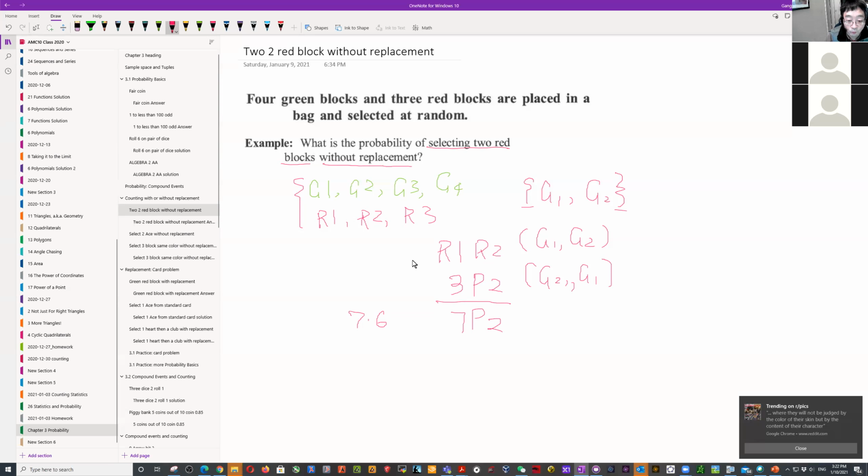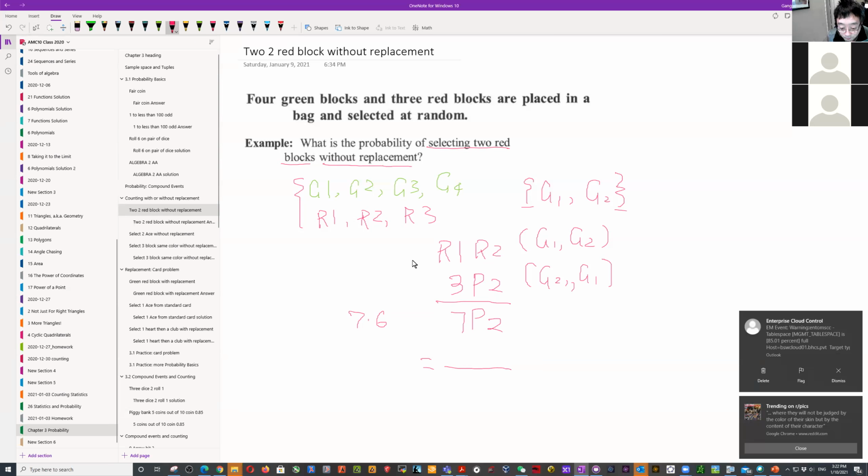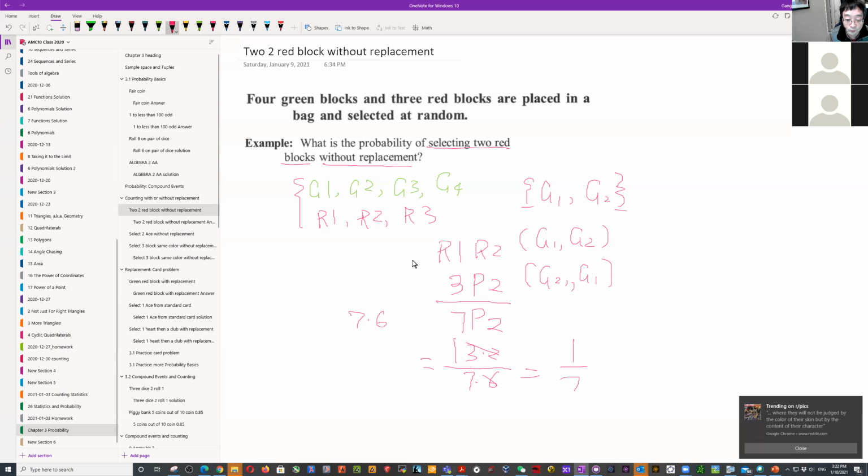That's the way that you can select it. So that will be 7 multiply 6 in the denominator and 3 multiply 2 in the numerator, and that will cancel. So basically you have 1 out of 7 ways to select those two red blocks without replacement.